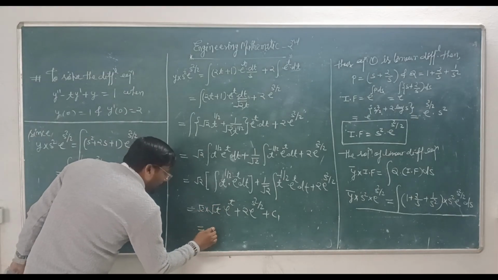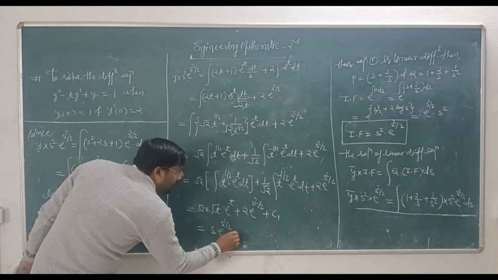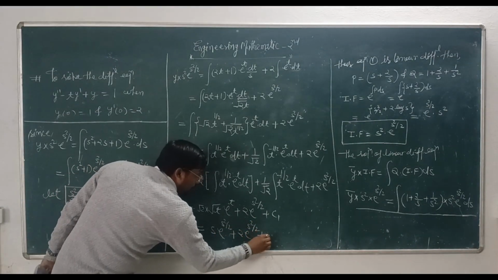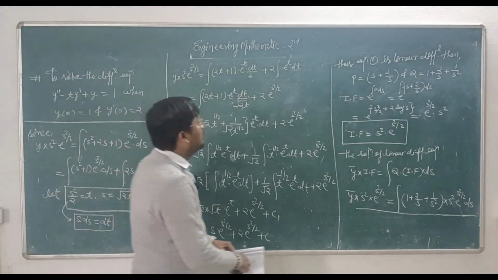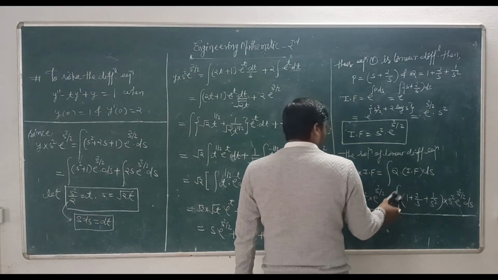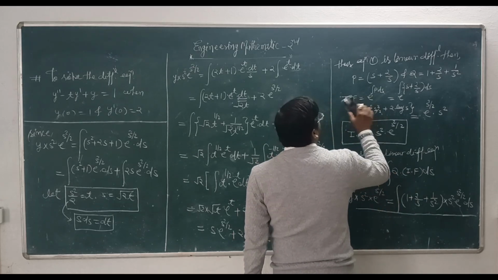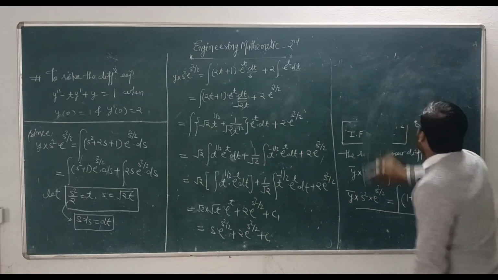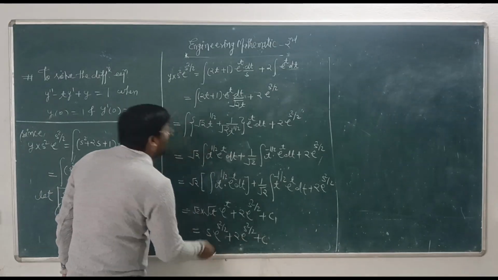This means s e to the power s square by 2 plus 2 e to the power s square by 2 plus c.